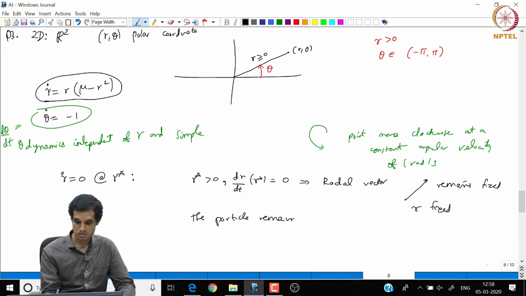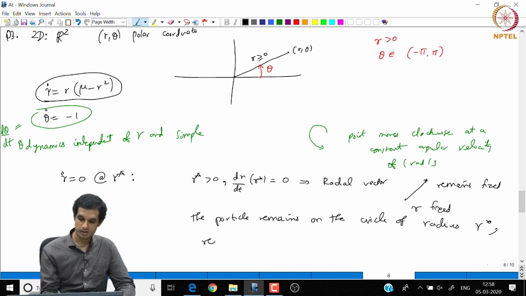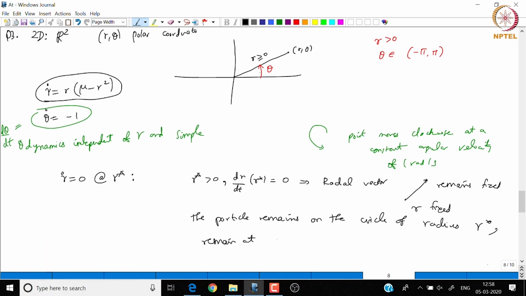So, this really says that the particle remains on the circle. If the particle starts on the circle of radius r star, it will remain at r star, but theta dot is minus 1, so it has to keep moving clockwise.